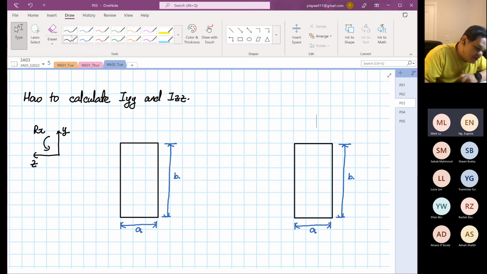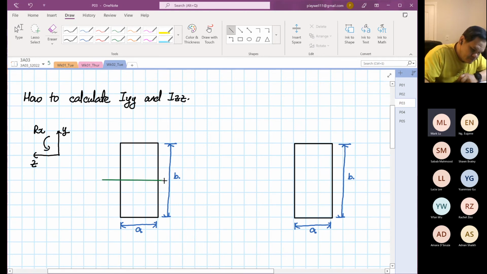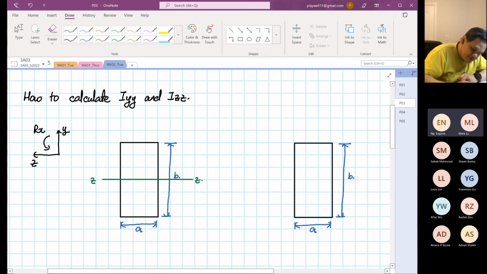Now if we want to determine Izz, I'll draw down our Izz axis first.